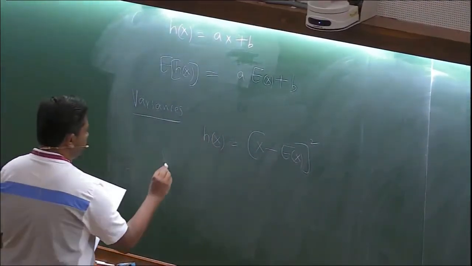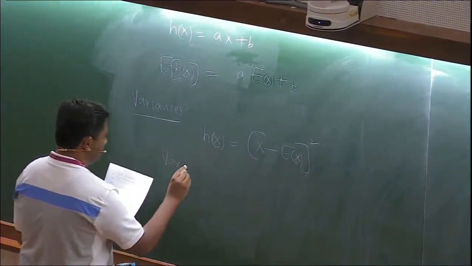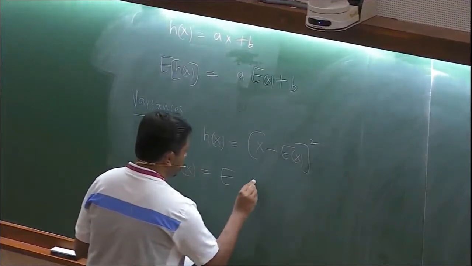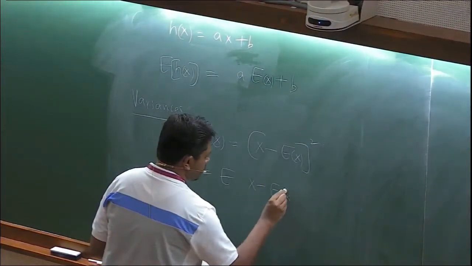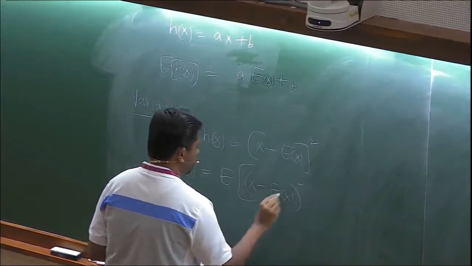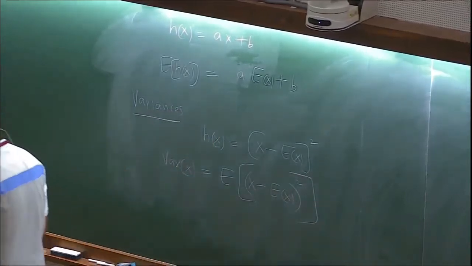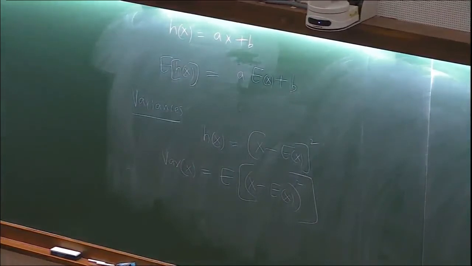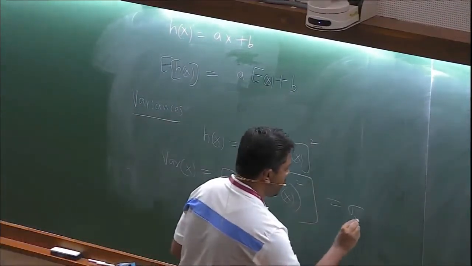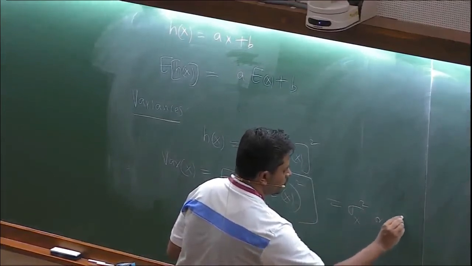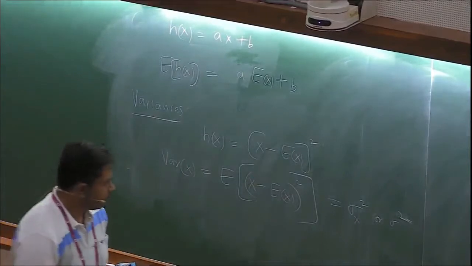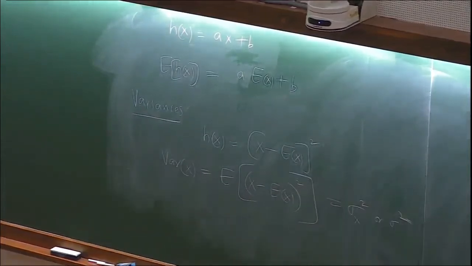So the variance of f of x is just the expectation value of this quantity: x minus the expectation value of x, the whole squared, expectation. And typically you denote it by sigma squared. Sigma is sometimes called the standard deviation.